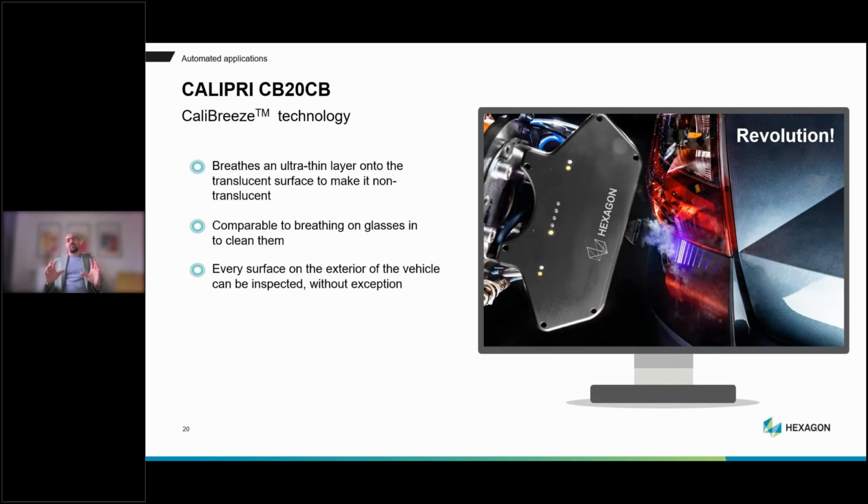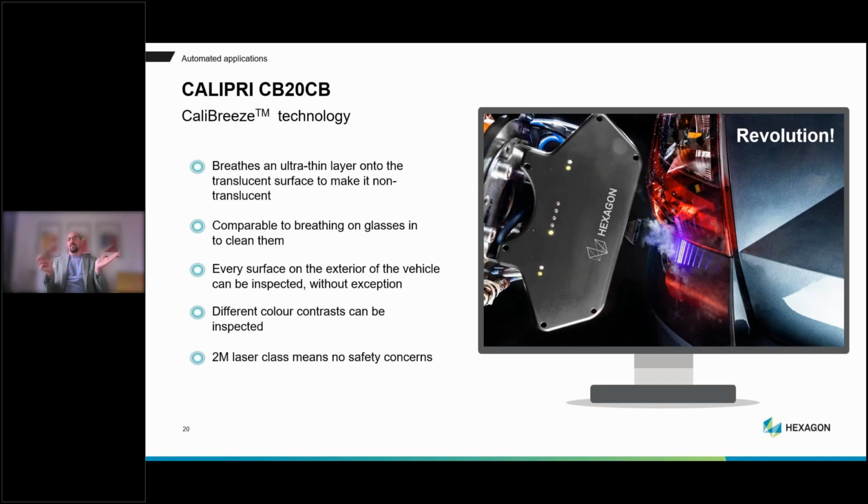So we have a little nozzle on our sensor, which brings a thin layer of condensation onto our transparent parts, makes them intransparent for a while, while not leaving any residues. So now we are able to capture each and every surface on the exterior of a vehicle. It doesn't matter if it's glass, if it's transparent plastics of some kind, if it's compounds with a clear coat.